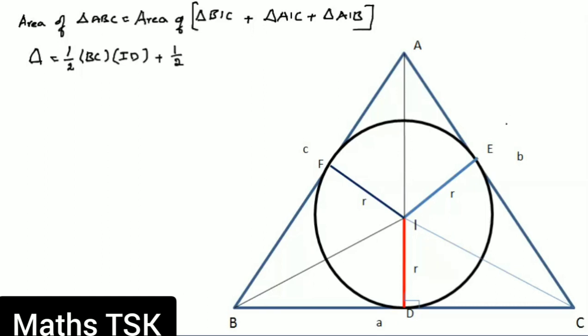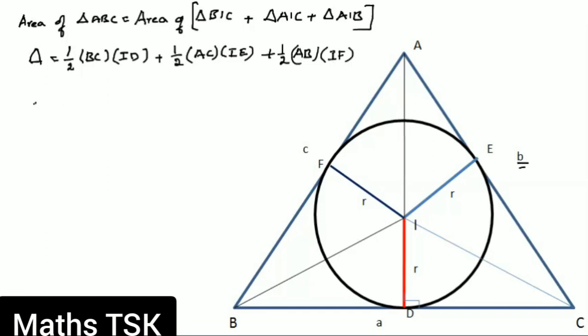if you consider AC as the base, then IE becomes the altitude. Next, half into, for this triangle, if you consider the base as AB, then the height becomes IF.